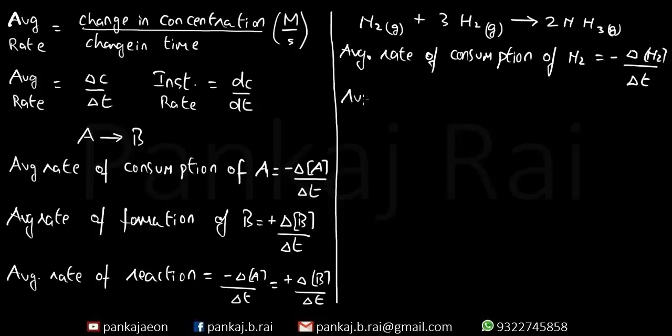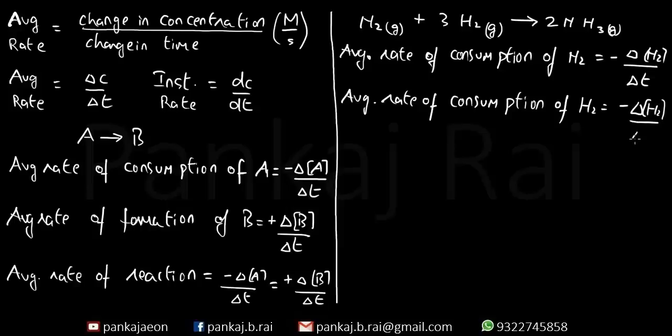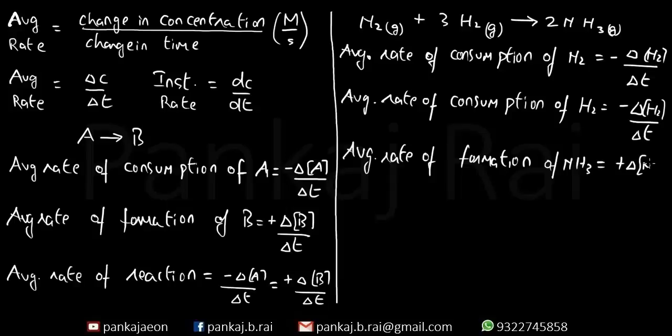And similarly, we will have average rate of consumption of hydrogen gas is minus change in concentration of hydrogen upon change in time, and average rate of formation of ammonia, that is NH3, is plus change in concentration of NH3 upon change in time.